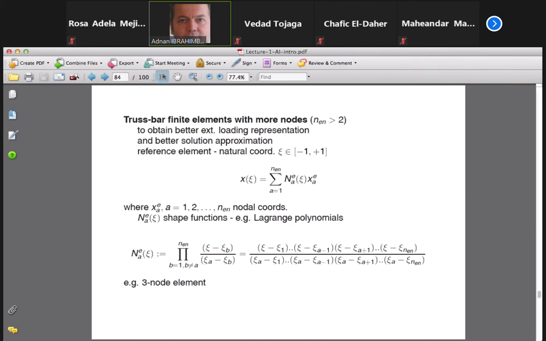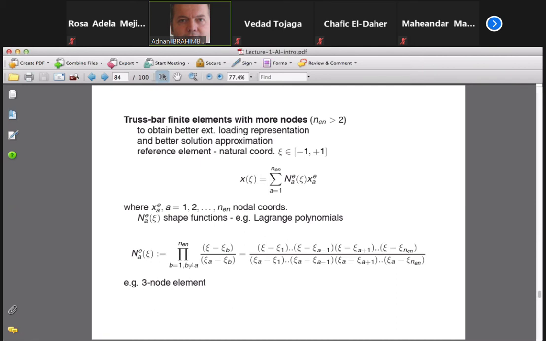This is written explicitly, so you can see what actually happens. The only value which you're missing in the product is xi minus xi_A. And when you replace this xi by xi_A, this will exactly match what you have in the denominator. So the value of the shape function will be 1. On the other hand, if any other value is taken but A, one of these monomials will cancel and you have a value equal to 0.